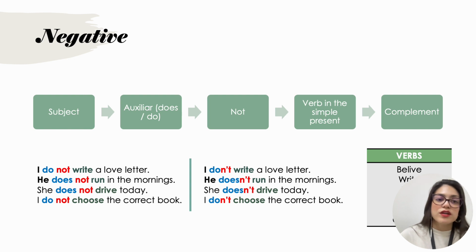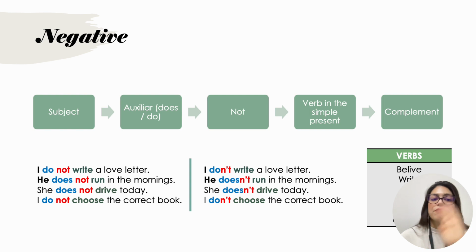For the negative, we are going to add two things, okay? We are going to add our auxiliary, okay? In this case, our auxiliary could be does or do, and the word not, okay? So, if we have he, she, and it, we are going to use does. And if we have I, you, we, and they, we are going to use the auxiliary do, okay?